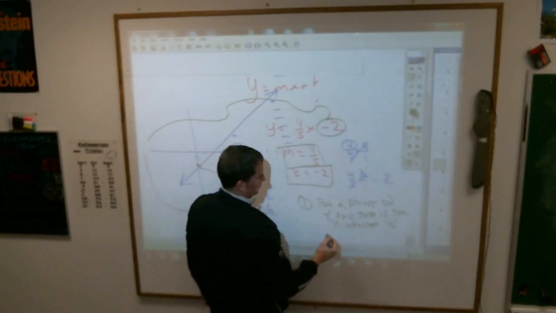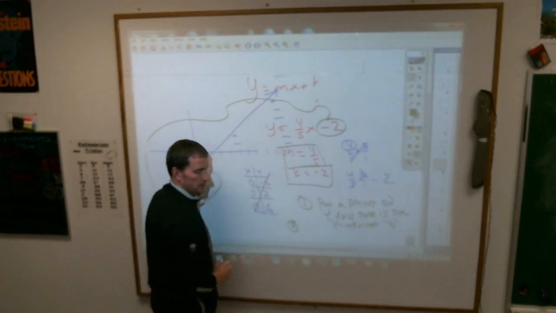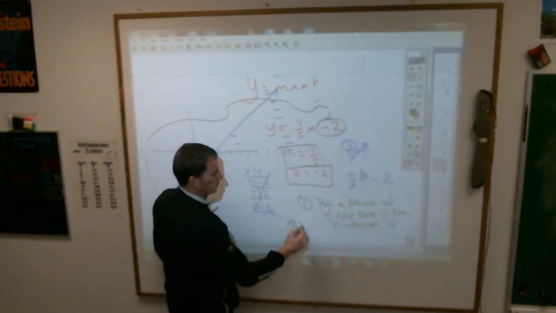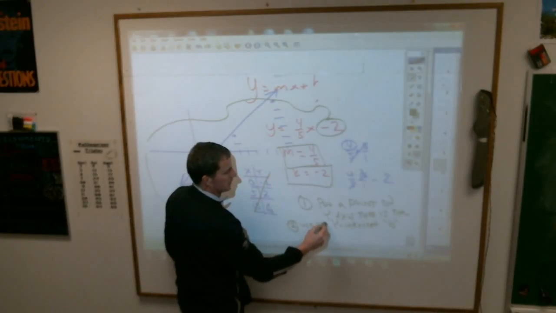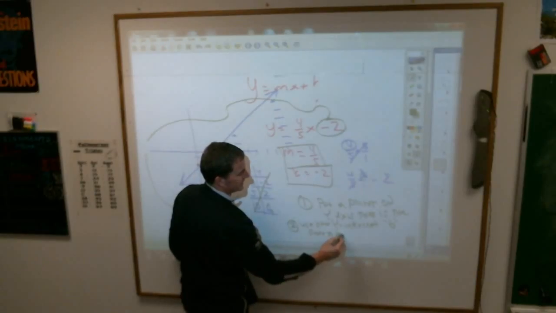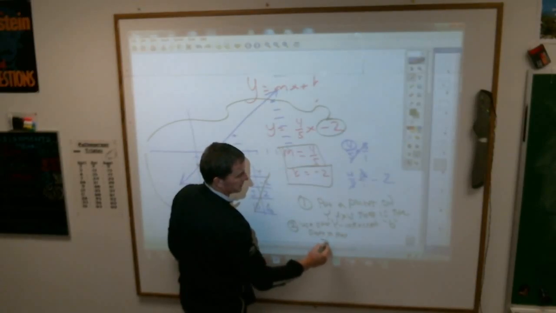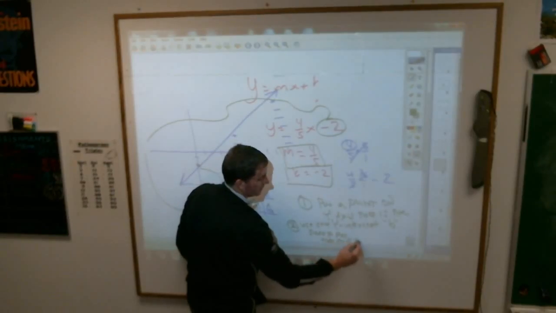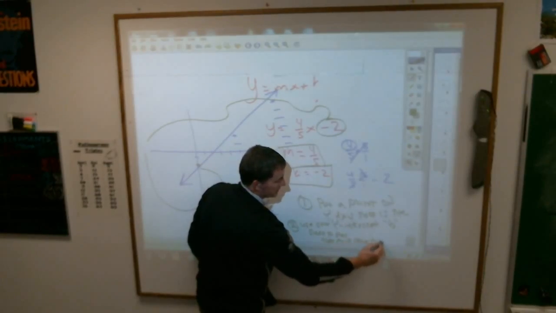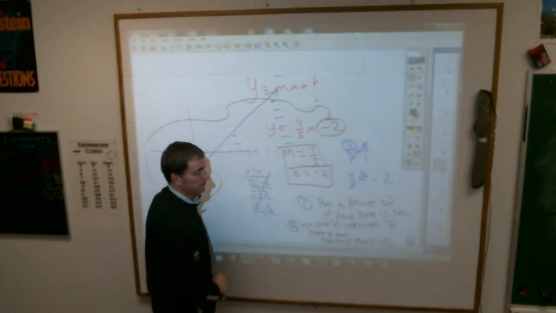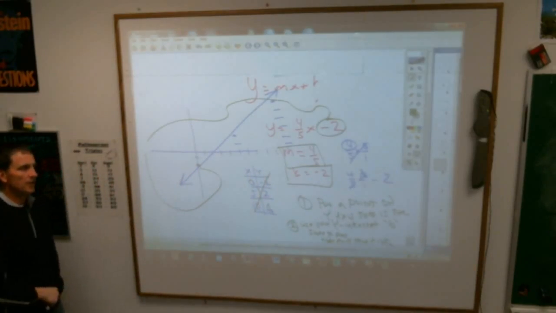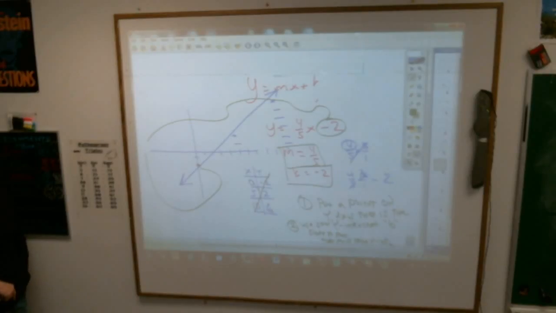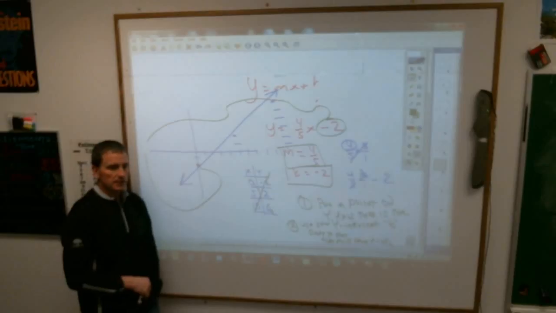And then step number 2 is use your slope to plot more points from the y-intercept. Now I'll let you write that down and we'll talk about that. Because that's where people get a little bit confused, but it's not so bad. We've talked about some of this, or most of this already.